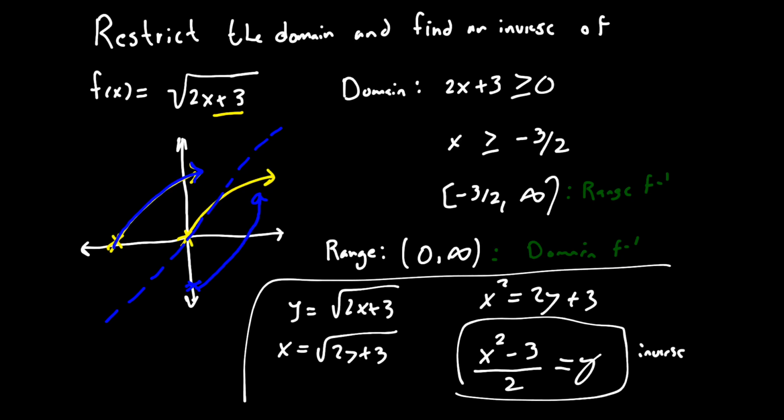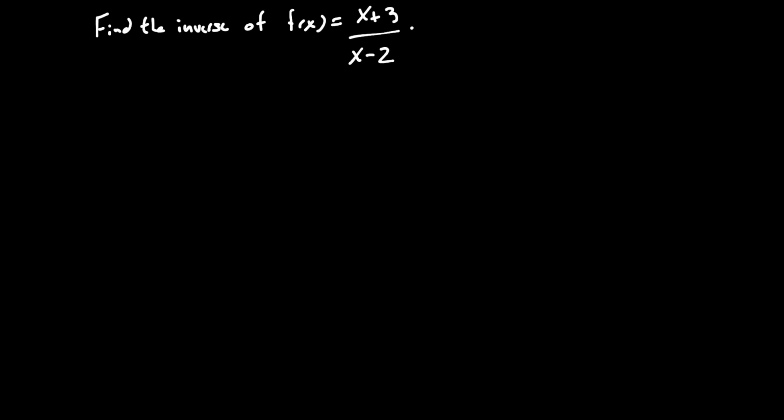Now let's go ahead and look at finding the inverse of a rational function. So in this problem, we're trying to find the inverse of the rational function f of x is equal to x plus 3 divided by x minus 2. Again, we should start with just finding the domain. So the domain is going to be all numbers where the denominator is not equal to 0.